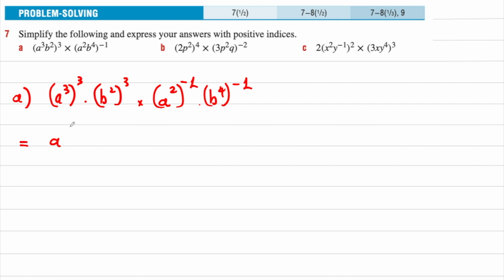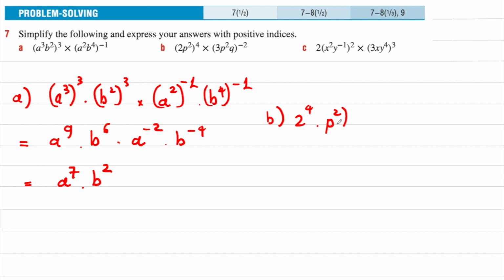And then a to the power of 9, b to the power of 6, a to the power of minus 2, b to the power of minus 4, and a to the power of 7, 9 minus 2, b to the power of 6 minus 4 squared here.